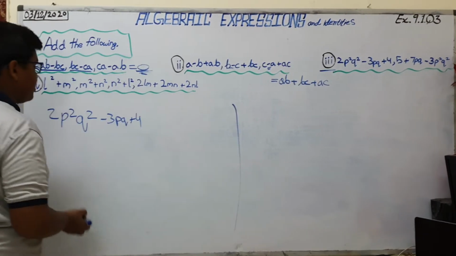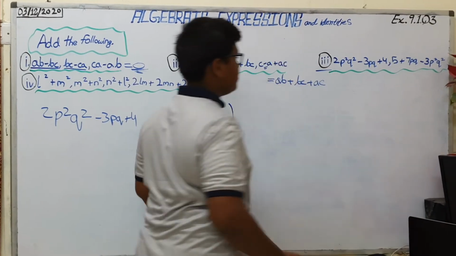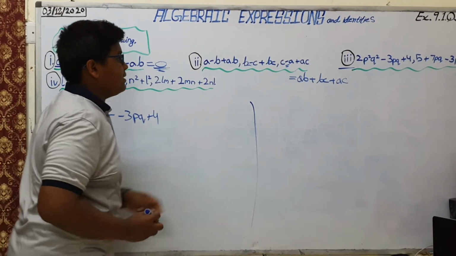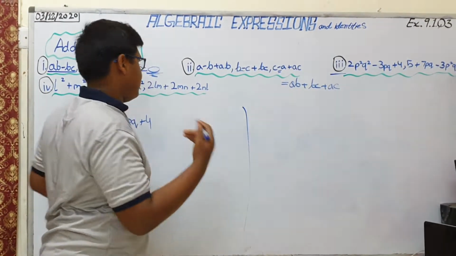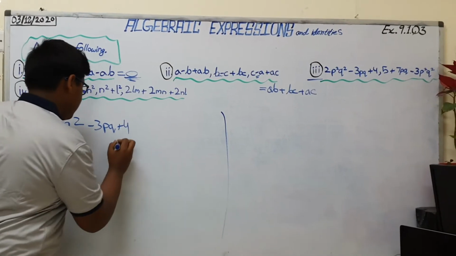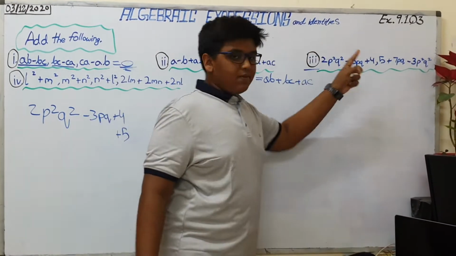Then the second statement is the second expression. It's starting from 5. So 5, it doesn't have any variable, nothing else it has. So we are going to write it with 4, because 4 also doesn't have anything. Then 7pq.